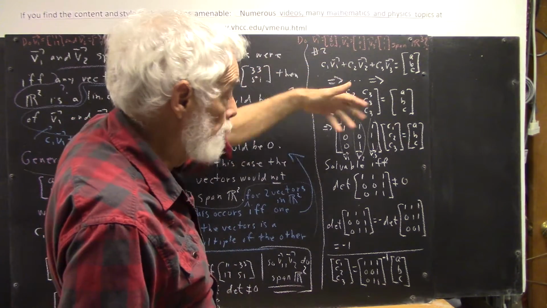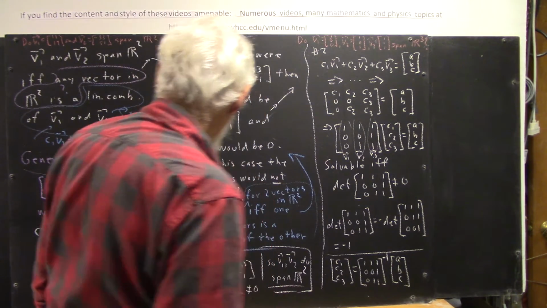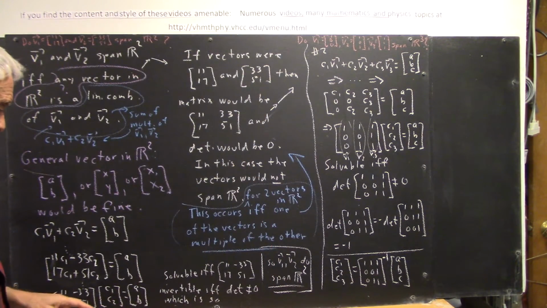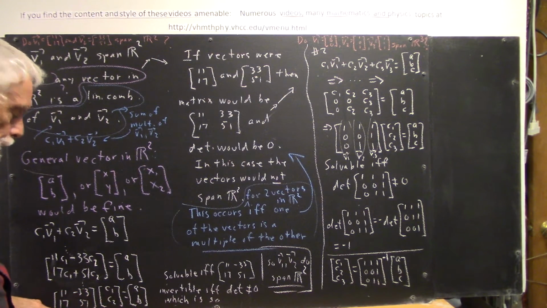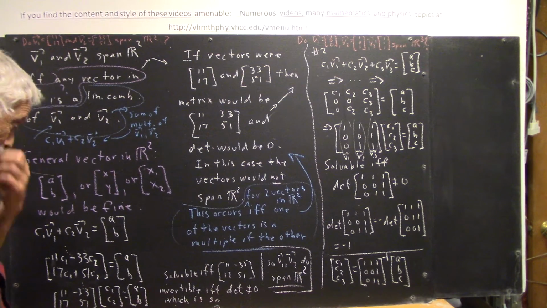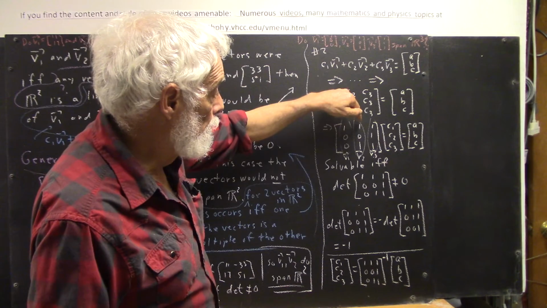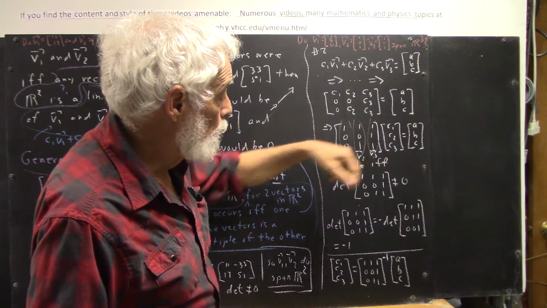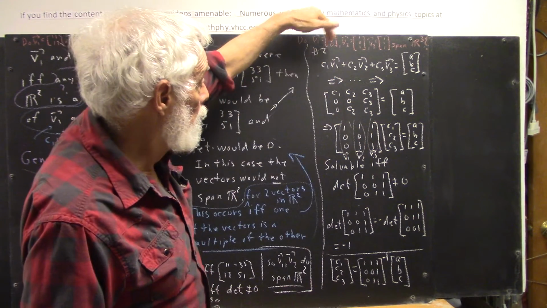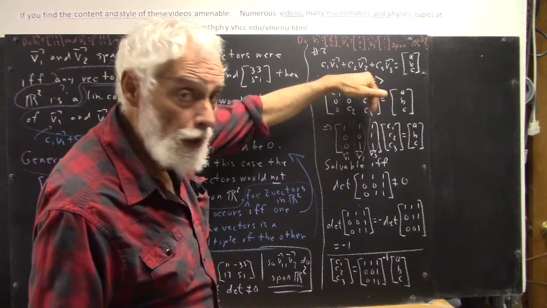We would write out the simultaneous equations, and we would finally come up with a matrix equation, something like this, except we'd have a c3 here, a bigger matrix here, and an a, b, c here. The matrix that you would get would be (1, 1, 1; 0, 0, 1; 0, 1, 1), and again the vectors v1, v2, and v3 would appear as the columns.